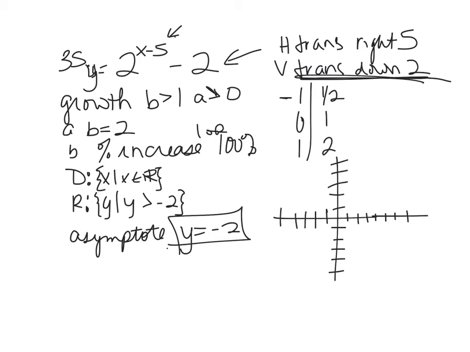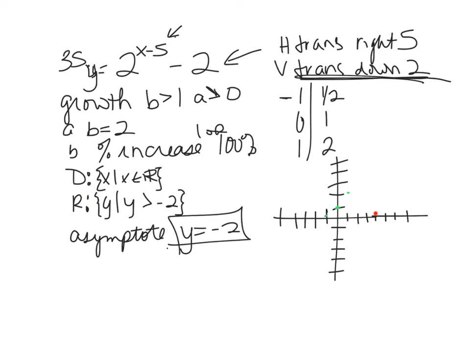I'll put my original points here, -1, 1/2, 0, 1, 1, 2 in green, and then I'm going to translate them in blue. So this goes over 1, 2, 3, 4, 5, to the +4, and then down 2.